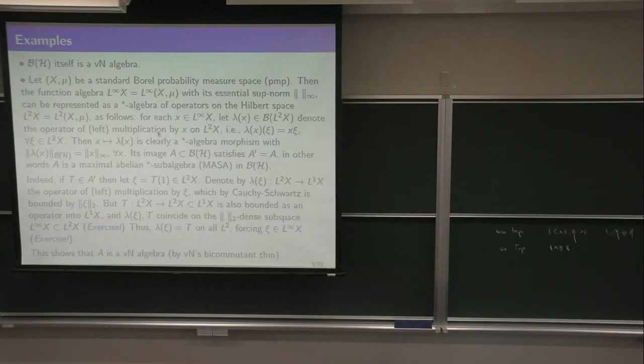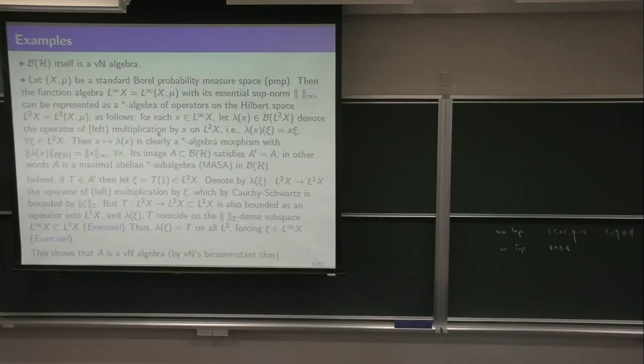So you have these two operators, and the fact that t commutes with all the operators lambda of x for x in L infinity shows immediately that lambda of xi and t coincide on L infinity viewed as a subspace of L2.